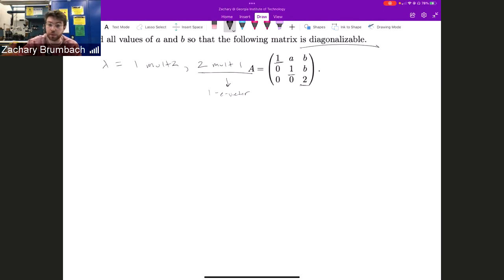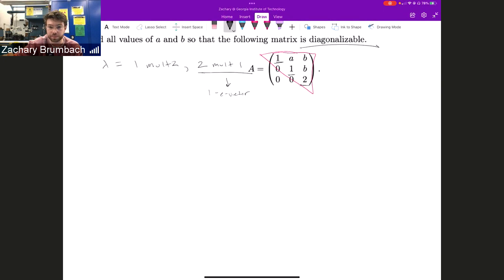Okay, so we know 2 has multiplicity of 1, right? We know that's an eigenvalue because this matrix is triangular, right? There's our triangle. We know it has a multiplicity of 1 algebraically, and we know for each distinct eigenvalue, it must have at least 1 eigenvector, okay? So we already know that there exists some eigenvector for 2, right off the bat.